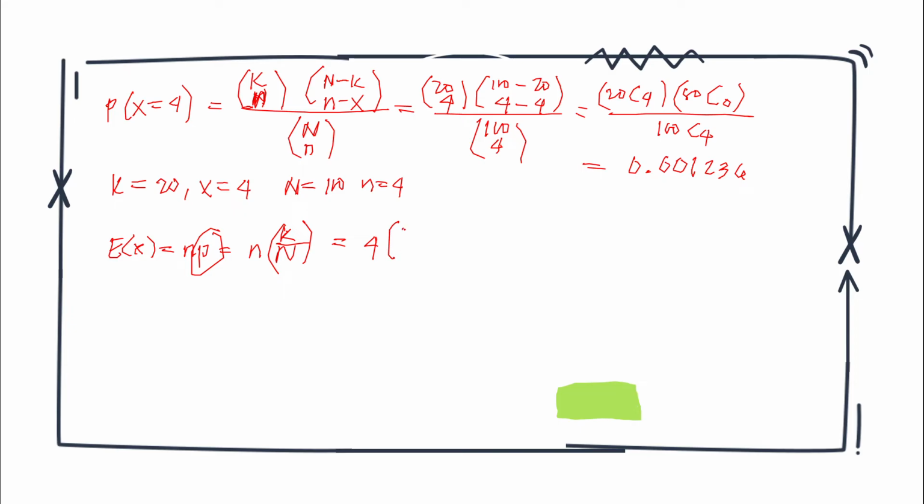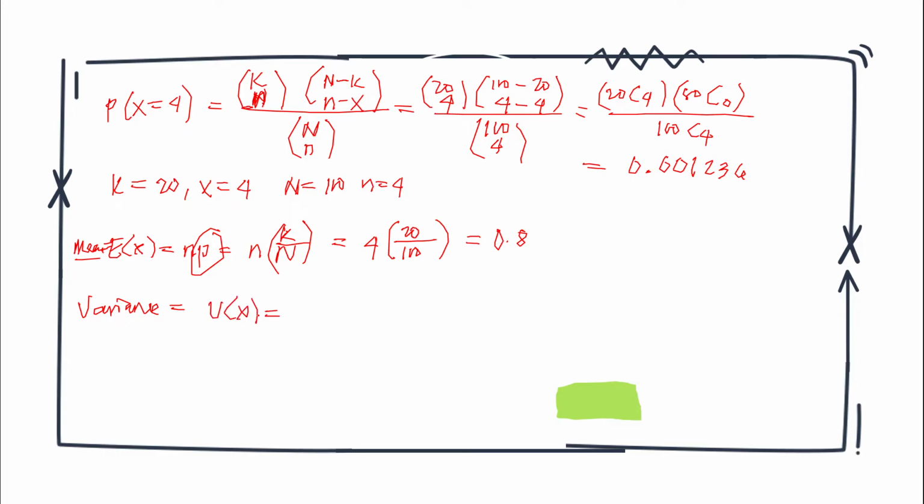K is equal to 20, over 100, which is our N. So by the use of a calculator, we could compute now the mean. The mean is 0.8.